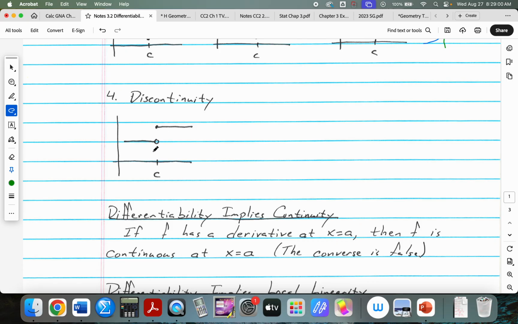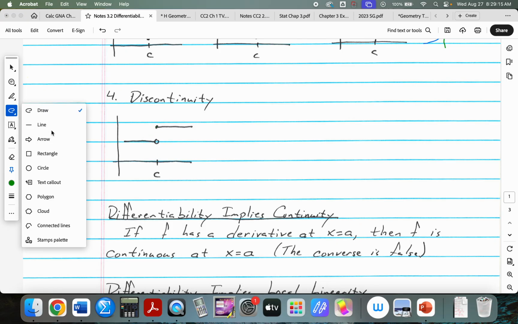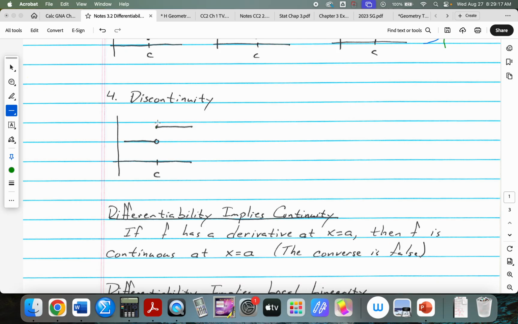As we approach x equals c from the left, you might think, well, all of those are 0. But remember, we're connected to this point, f of c. And so if I were to draw that tangent line, it would look something like that.